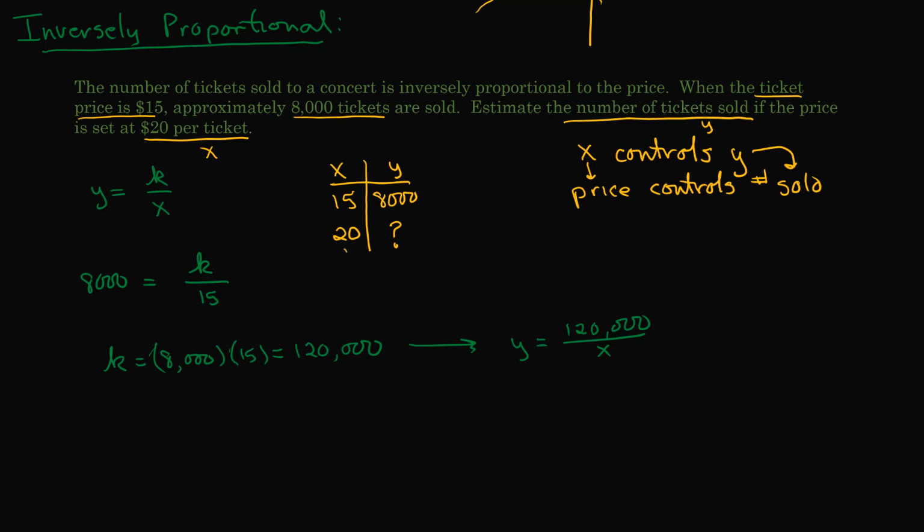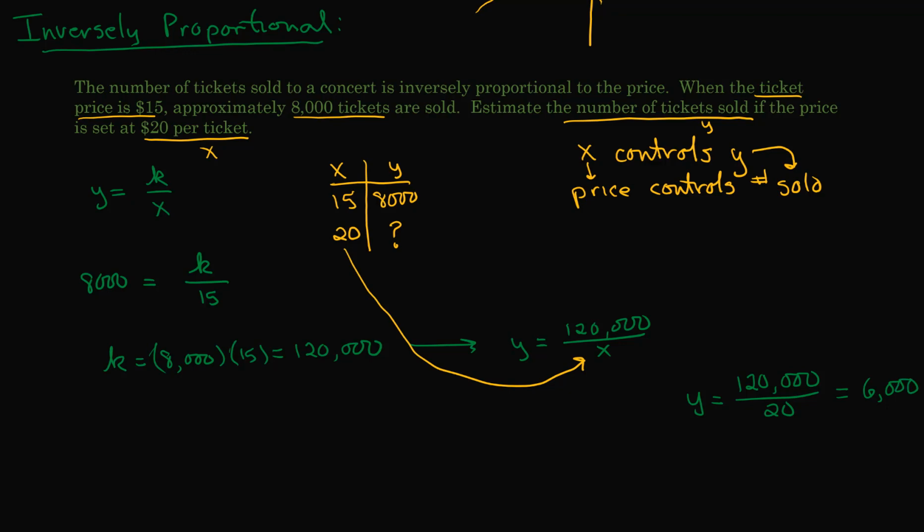To do that, I'm going to take my X value of 20 and substitute that into my equation where I have my proportionality constant now computed. And this is going to give me that Y is equal to this 120,000 divided by 20, which gives us, after you simplify this, 6,000.